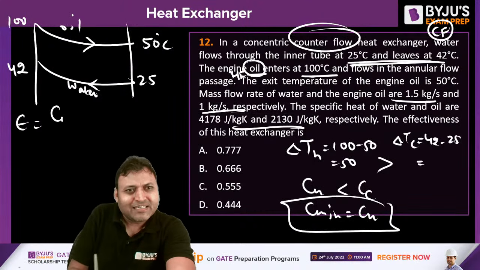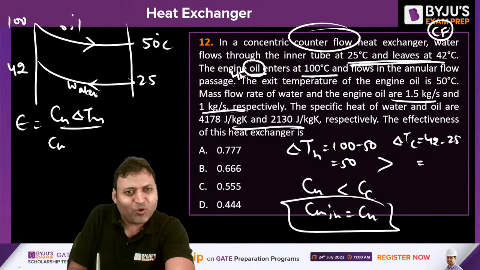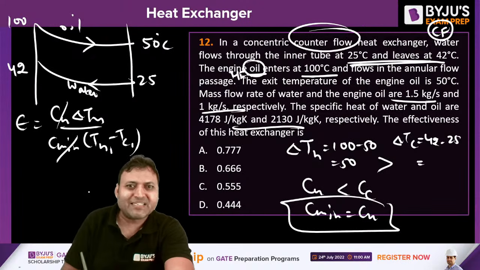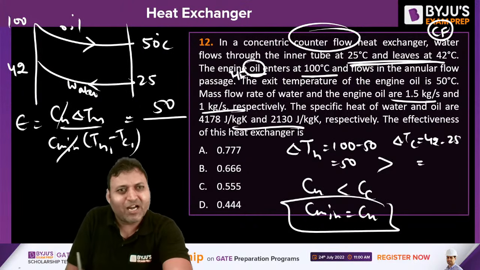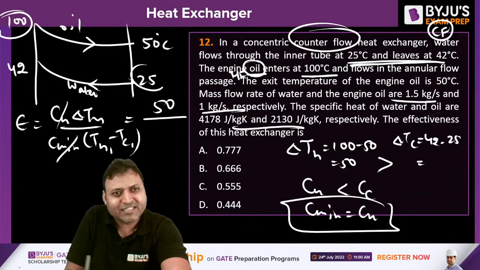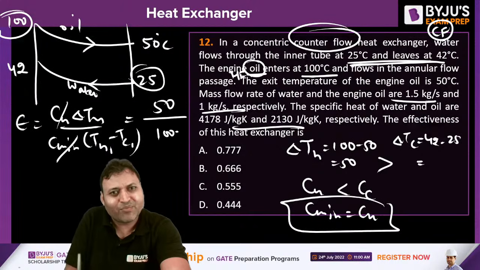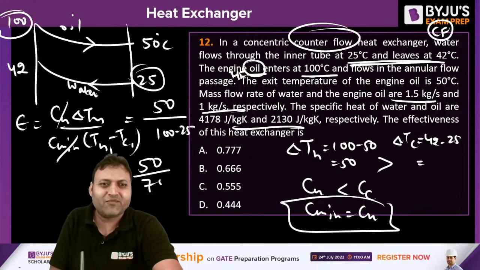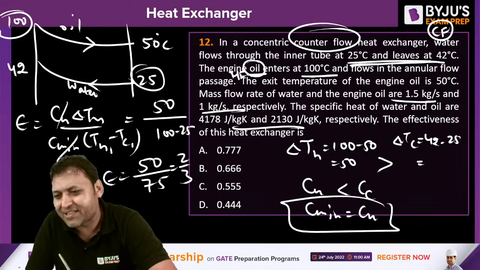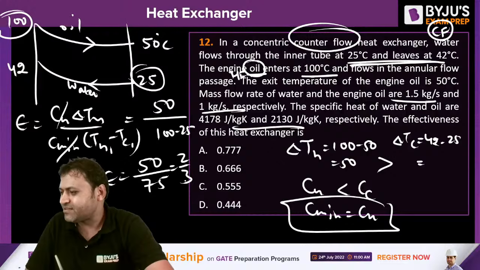Effectiveness is CH into delta TH upon C minimum into TH1 minus TC1. C minimum and CH get cancelled out. So delta TH is 50 divided by TH1 minus TC1, that is 100 minus 25, which is 75. 50 by 75, that is 2 by 3, will be the effectiveness. The answer will be 2 by 3.